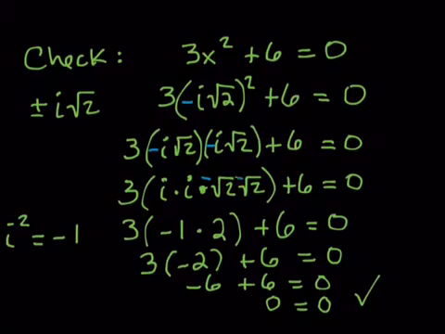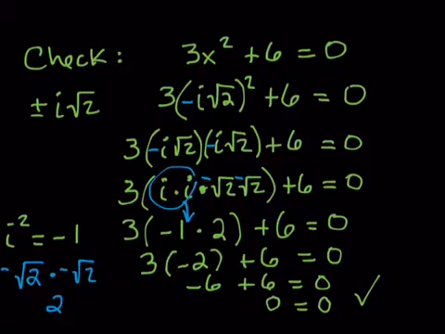All right, so I would still have i times i is i squared, which is negative 1, and now negative square root 2 times negative square root 2 is going to be positive 2. Okay, negative times negative will still be a positive. And then the rest of the check would look the same. We would get negative 2 times 3 is negative 6 plus 6 is 0.